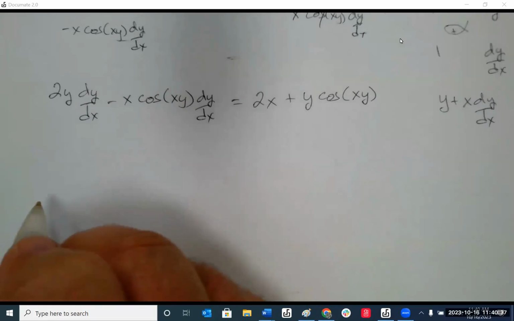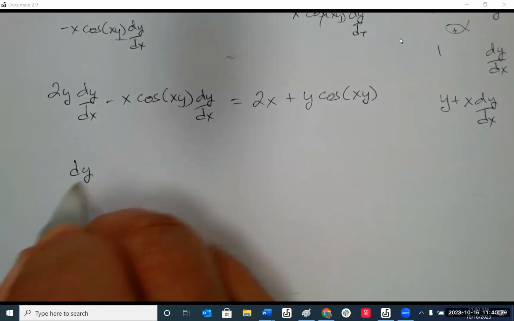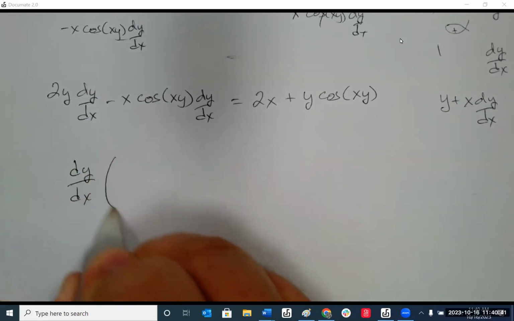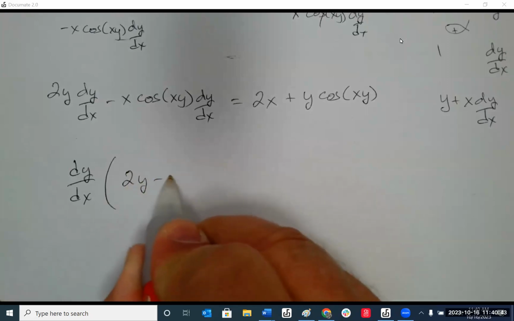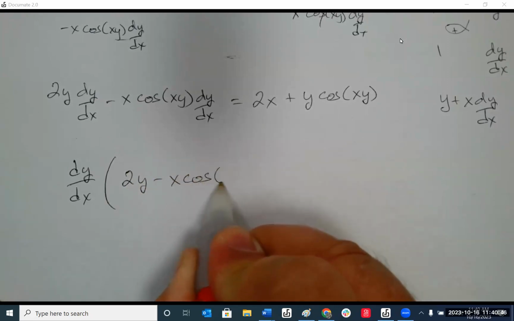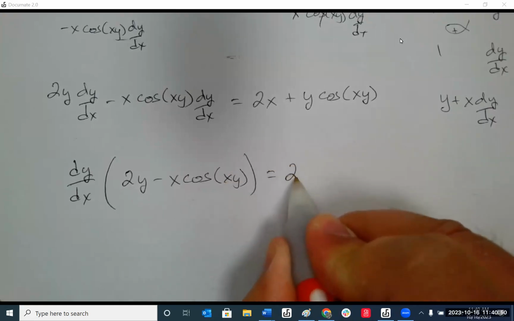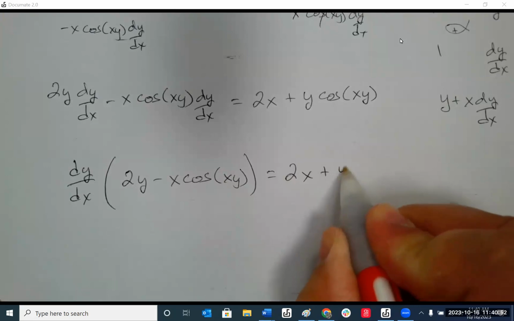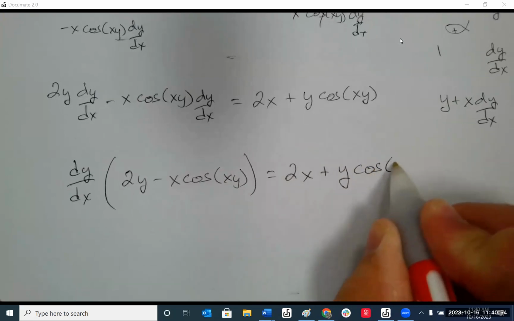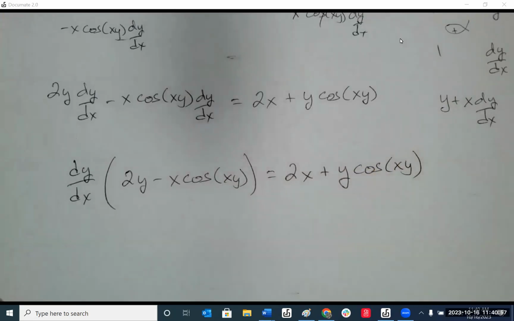A lot of people don't see that. Since we're looking for dy dx, they're both the same. So we're left with 2y minus x cosine xy, times dy dx, equals 2x plus y cosine xy.